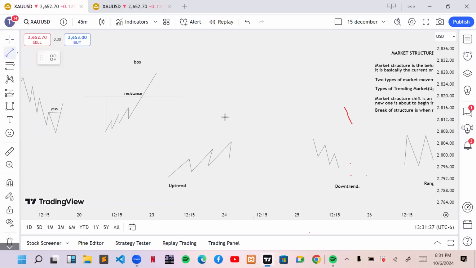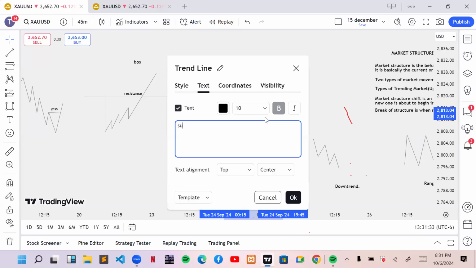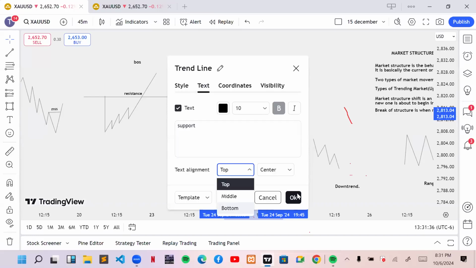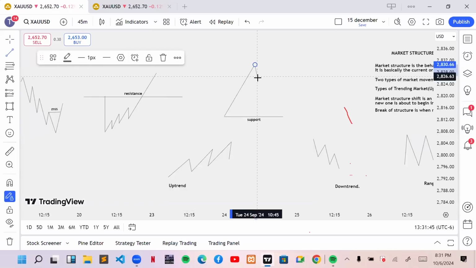So let's assume that this is a support zone, and the market was on a downtrend. That is lower highs and lower lows.